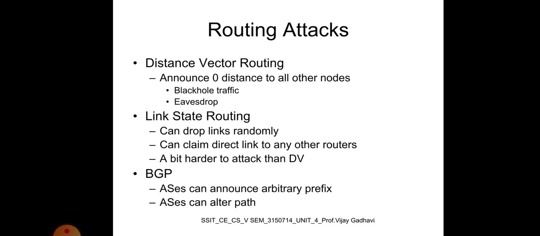Routing attacks are mainly on distance vector routing, link state routing, and BGP. Distance vector routing announces zero distance to all other nodes, like the backhaul traffic and f-stop. In link state routing, it can drop links randomly and claim a direct link to any other routers, a bit harder to attack than DV. Here we see in BGP, an AS can announce an arbitrary prefix and can alter a path.